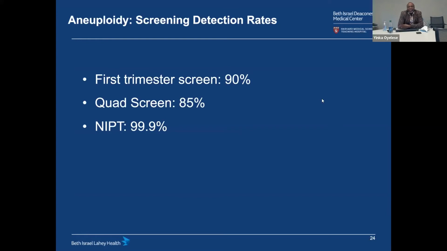However, a new advance came along with non-invasive testing with cell-free DNA, where it picks up 99.9% of babies with Down syndrome. Therefore, now we have a high-resolution screening test that will pick up most babies with Down syndrome. And the former paradigm where 35 or quad screen or first trimester screen was useful actually has changed quite considerably.